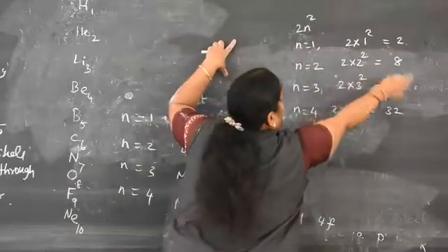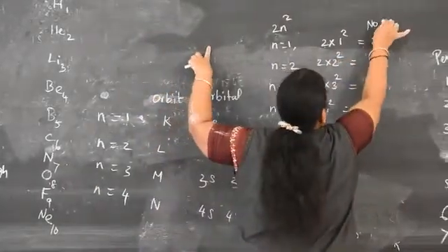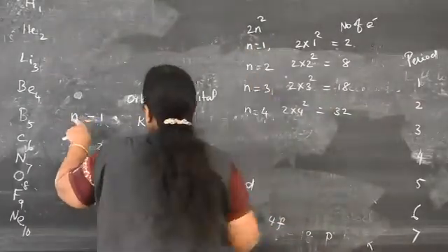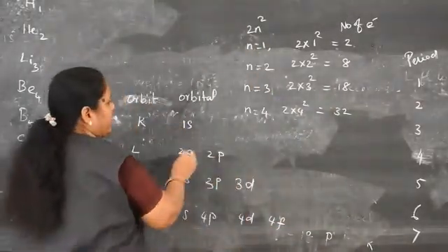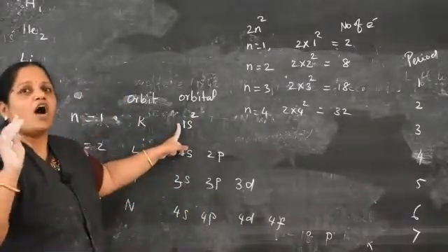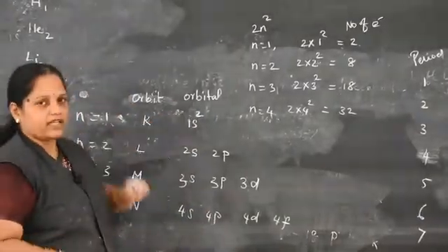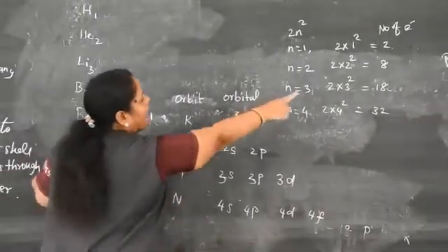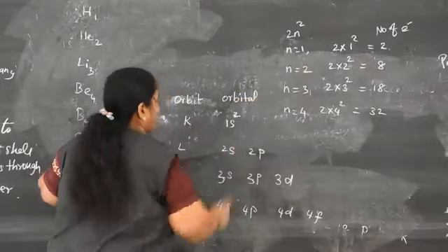How many electrons? Number of electrons. n is 1, then how many electrons are there? 2 electrons. So, in the s orbital, in the first shell, 2 electrons are there. Next, n equal to 2. How many electrons in total? 8 electrons.